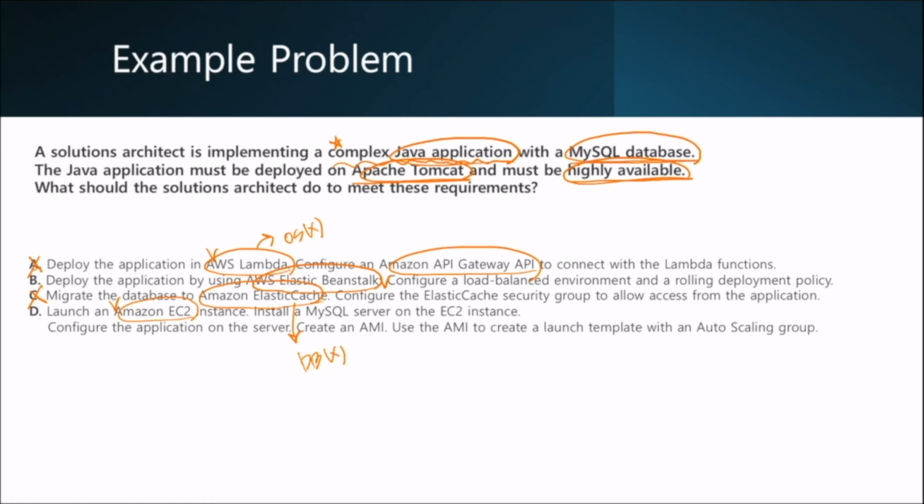So the best answer here is B. But let's look at D. Launch an Amazon EC2, which is in relation to IaaS, but we don't want that either. We want our solutions architect to implement an application that is in relation to PaaS, right? So the best answer here will be B, because with PaaS, it is in relation to AWS Beanstalk.